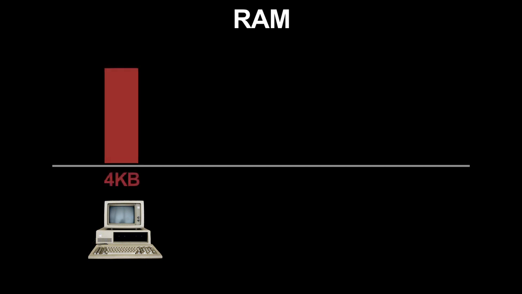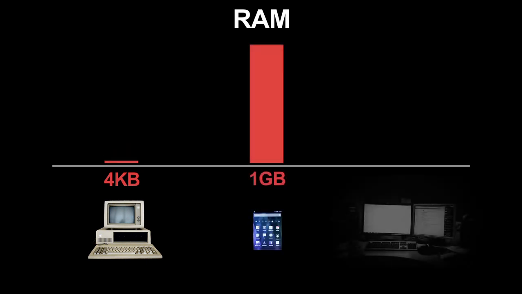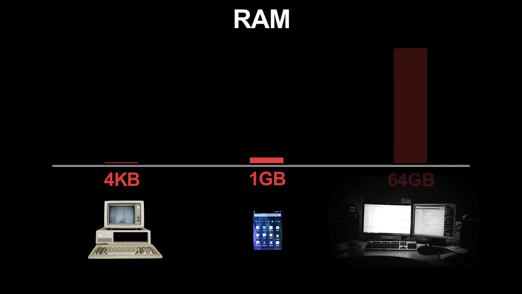Our 1977 computer had 4 kilobytes of RAM. In comparison, the smartphone has 1 gigabyte of RAM, and our desktop computer, up to 64 gigabytes. Clearly, our resources have grown dramatically in the last few decades, but so have our demands.